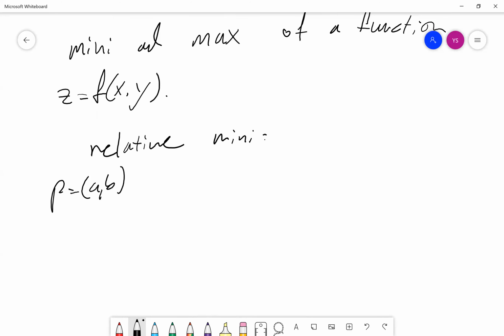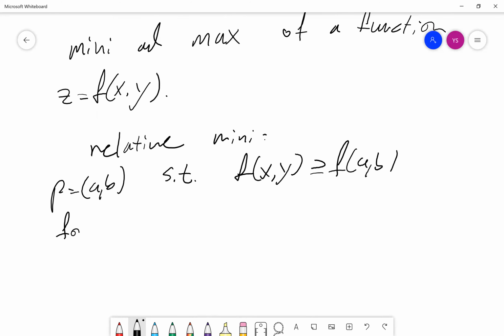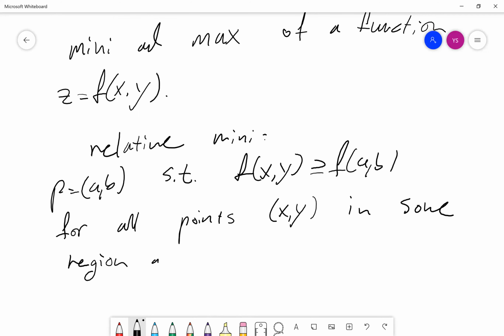So this is your relative minima, such that f of x comma y is bigger or equal to f of (a, b) for all points (x, y) in some region around (a, b). So this is a relative minimum because it's not for all points, but it's for all points in some region.